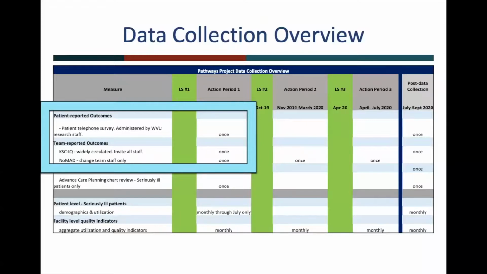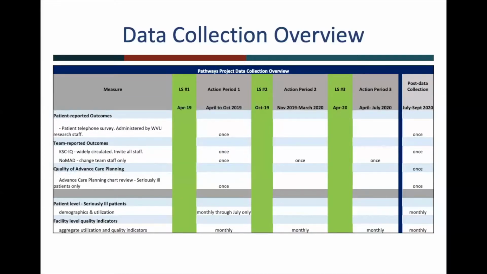And then there are 2 surveys to staff themselves. Those are in the field now. I think many of you have completed, I hope you have completed, what we call the Kidney Supportive Care Implementation Quotient Survey, which is basically asking how well you feel you currently do at Kidney Supportive Care, how your team does.